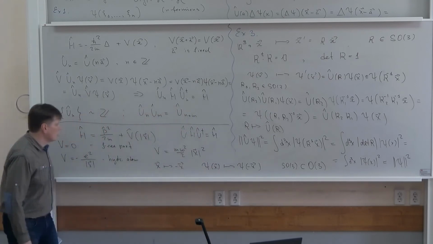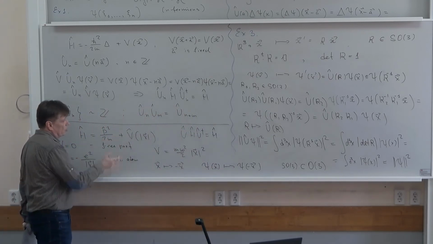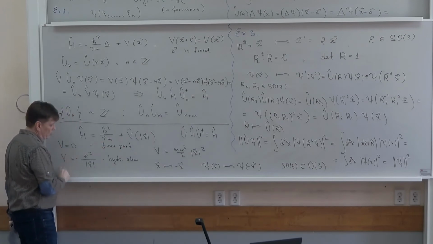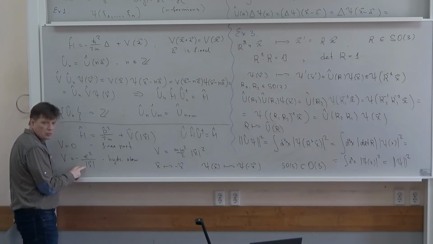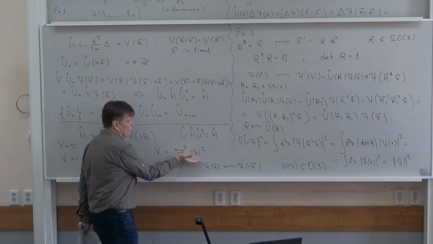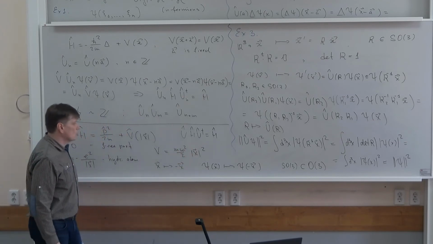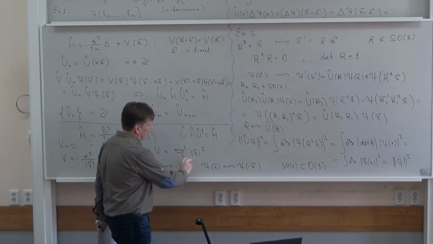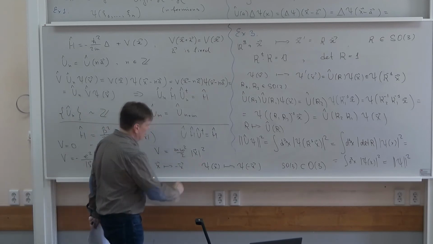And as particular examples of such Hamiltonians, we can take the free particle, where V is zero, the Coulomb potential, which we have considered earlier, and the potential of an isotropic oscillator, which is also given by the length of the radius vector.